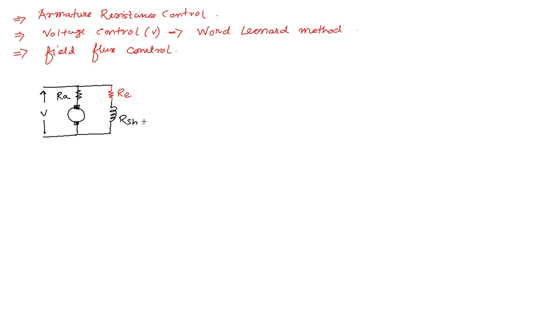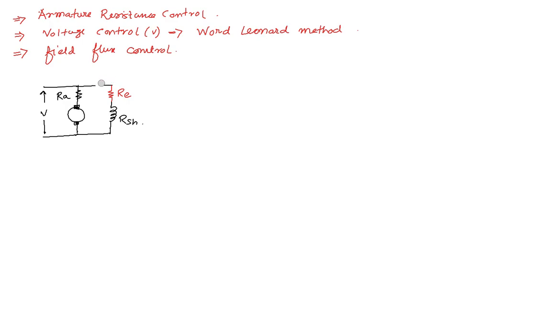Now in the previous case, what is the value of whatever the RSH is? Now if we add one extra resistance RE, then the value of the resistance is increased, and if the value of the resistance is increased, then the speed can be controlled by the flux control method.